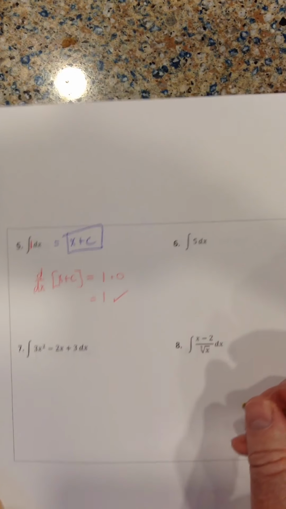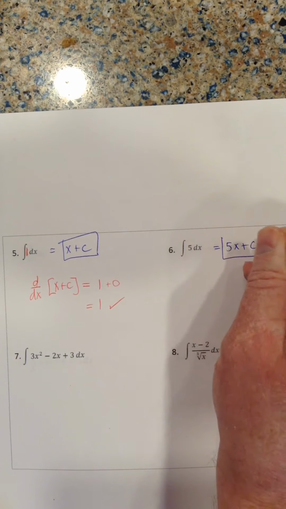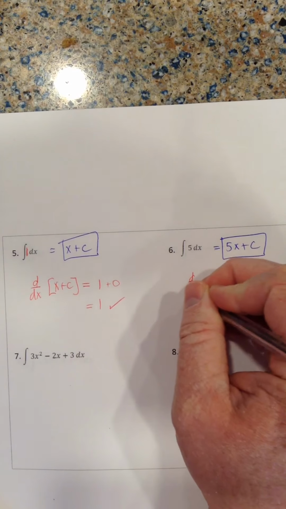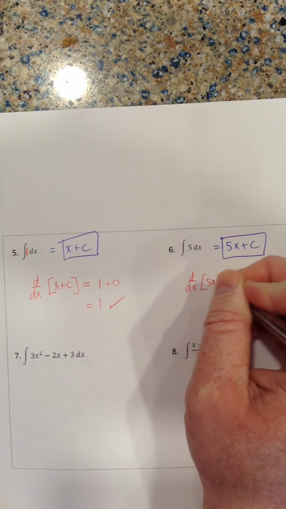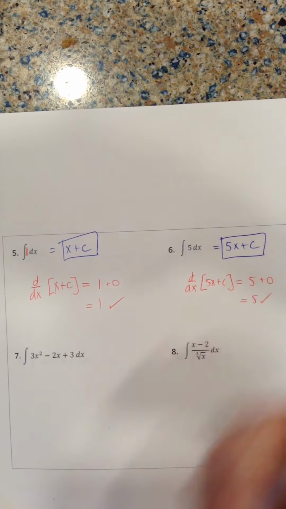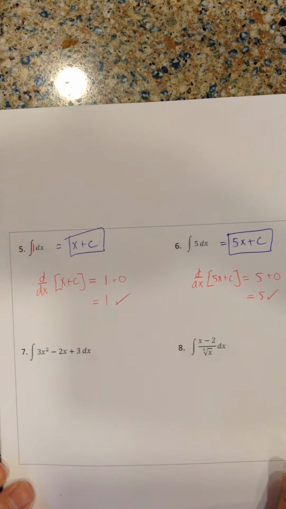So number 6 would be 5x plus c. And again, if I took the derivative of 5x plus c, I'd get 5 plus 0, or just 5, because the derivative of a constant is 0.